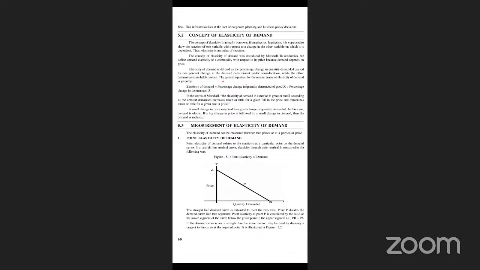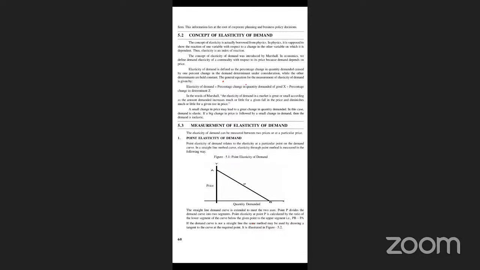Point elasticity of demand is all about a particular point. As the word used in its title says, it is a point. It is a node or a point on the demand curve, and it is in a straight line demand curve. The elasticity through this point is measured in the following way.